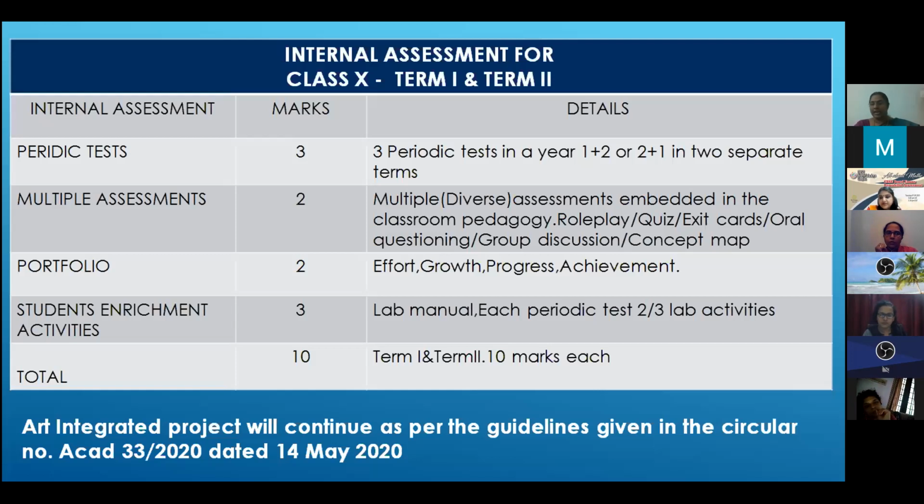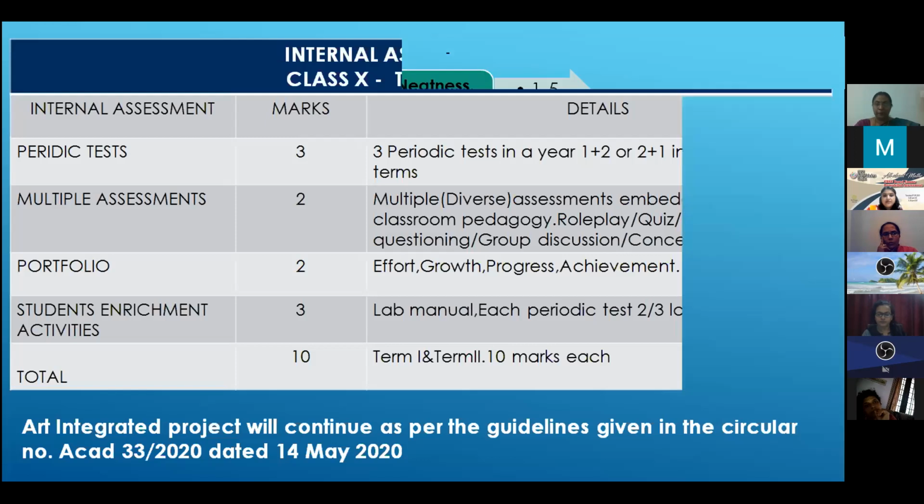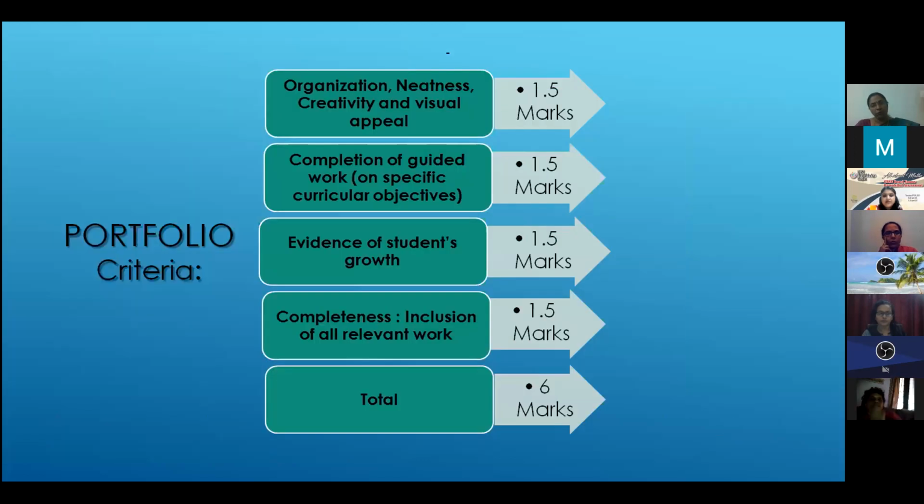Term 1 and term 2, 10 marks each, so the total will be 20 marks for internal assessment. Portfolio is judged by all these criteria. Just I have written the criteria for the portfolio. This is given by CBSE, the description they have given as the key factors in the portfolio.